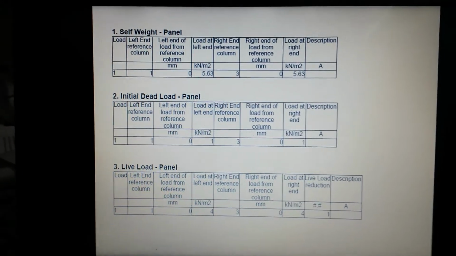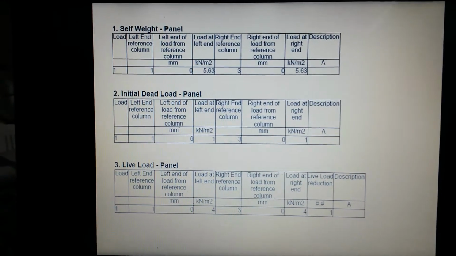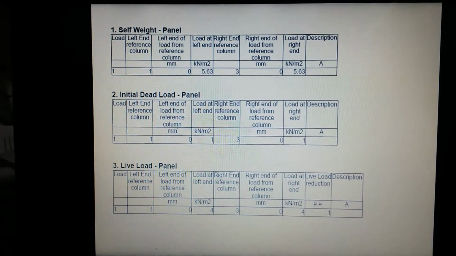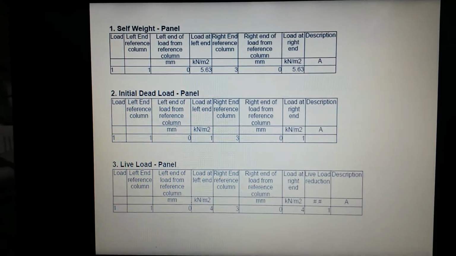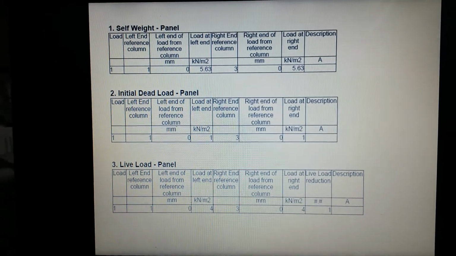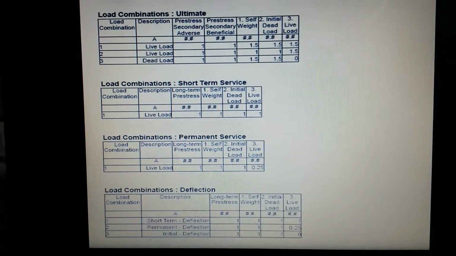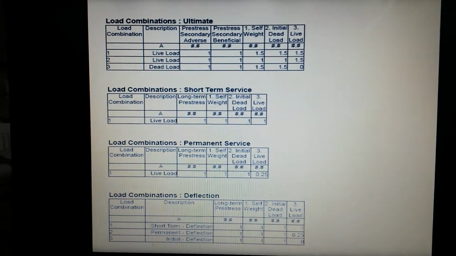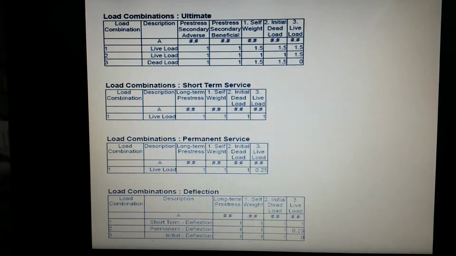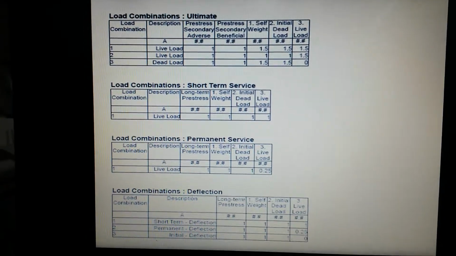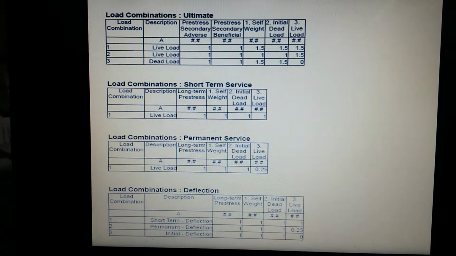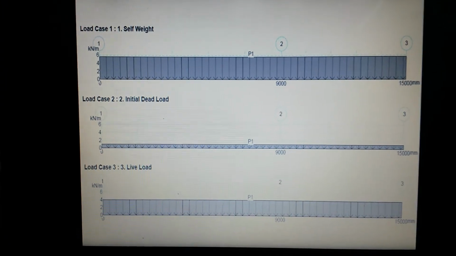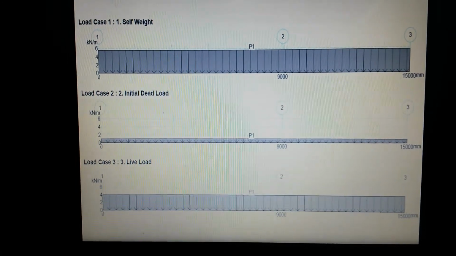A self weight of 5.63 kN per meter square is applied, an initial dead load of 1 kN per meter square, and a live load of 4 kN per meter square is given. Coming up to the load combinations, they are ultimate, short-term service, permanent service, and deflection. All these load combinations are applied by default, and this is a graphical representation of the load cases.